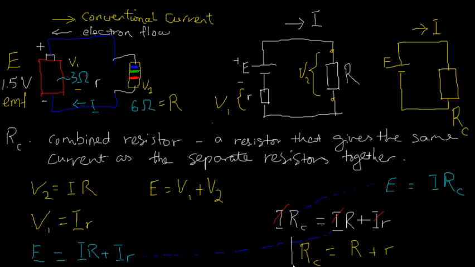Let me put this in square brackets. This is a useful formula that we can remember. And using this, I can now find a value for this combined resistance. All I need is to add the 3 and the 6 together. 3 plus 6, and the answer is 9 ohms.